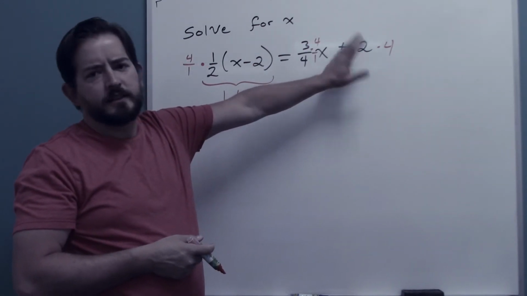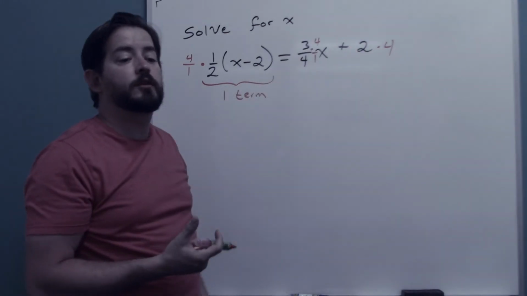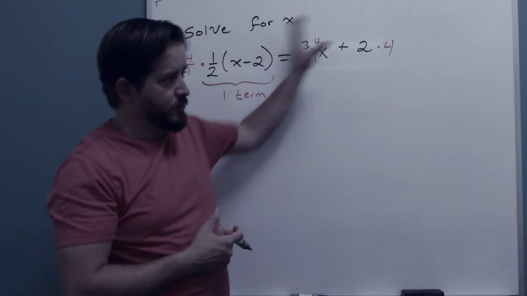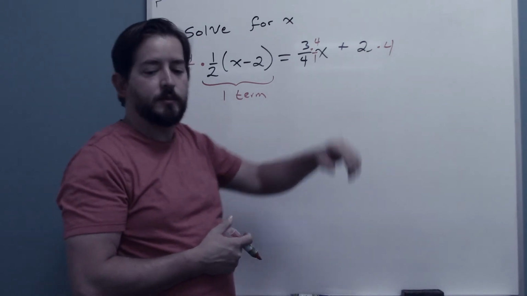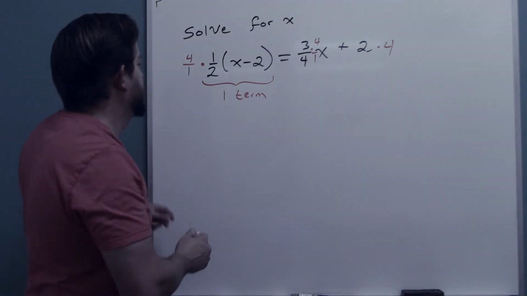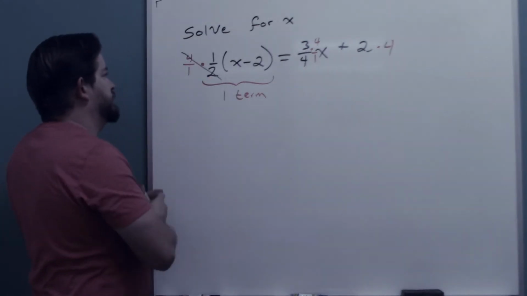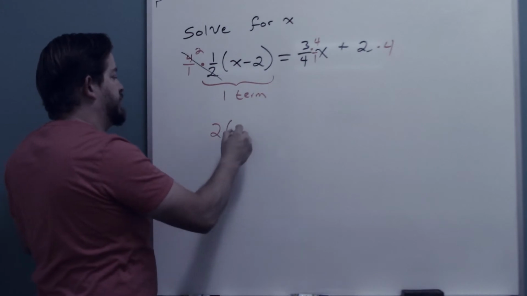Because you think, oh, it doesn't need it, it's not a fraction, so let's not worry about it. But we're using the multiplication principle, which says multiply the left side by that number and the right side by that number, and that means everything. So that 2 needs to be multiplied by the 4 as well. Here I'm going to simplify by the 4 and the 2, that leaves me with a 2. And so I end up with 2 on the outside of x minus 2.